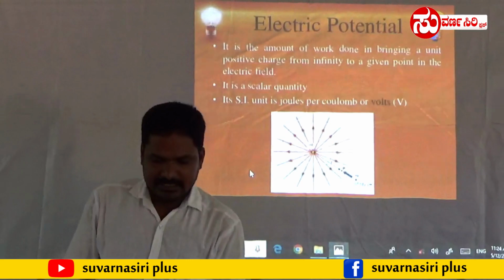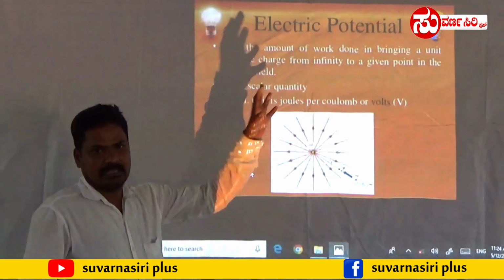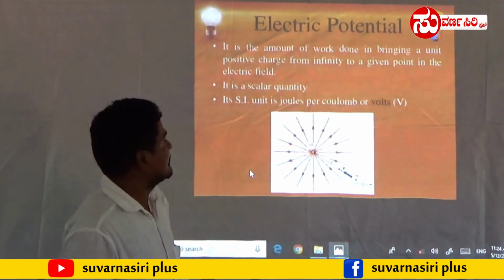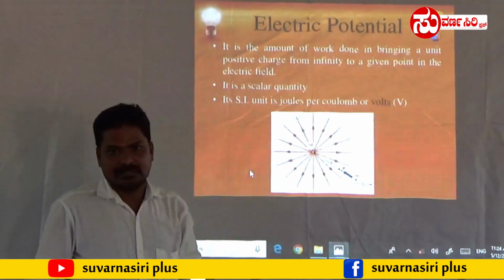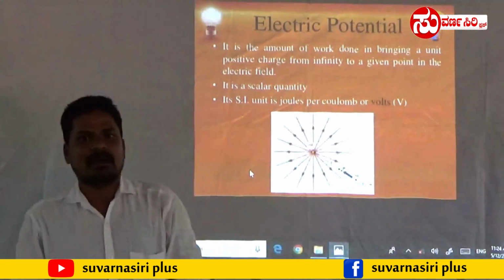So here, dear students, we have to learn about the electric potential. Electric potential means nothing but the amount of work done to carry one unit of charge from one place to another place.